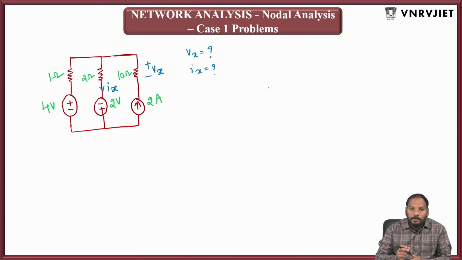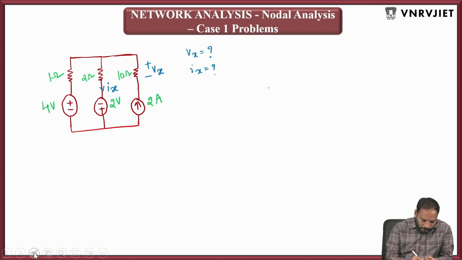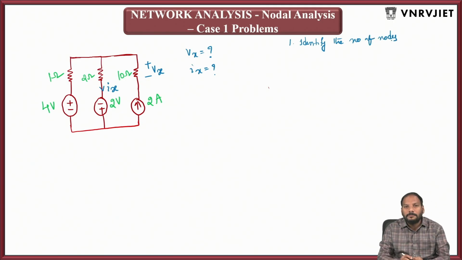First, recollect the procedure from the previous lecture. I said some important points, and we'll apply all of them to this problem. The first point is to identify the number of nodes.